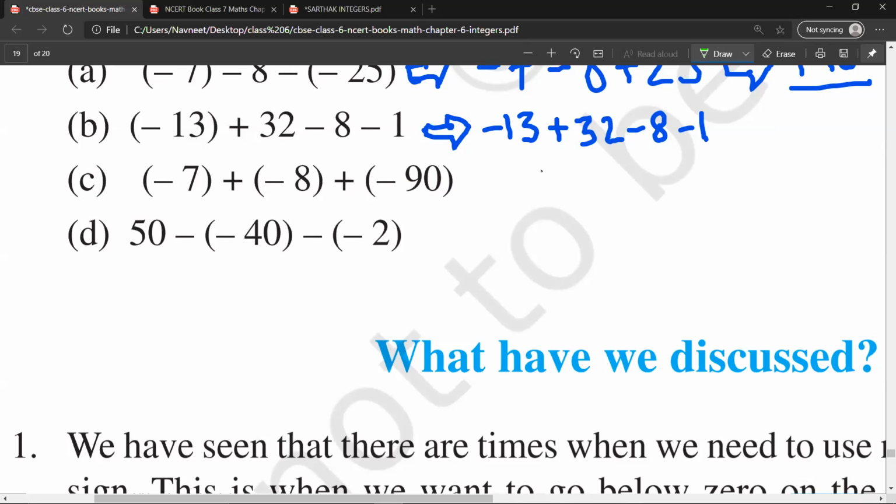Plus 10. Okay. Minus 13 and minus 8 is minus 21. Minus 21 and minus 1 is minus 22. Minus 22 and plus 32 is plus 10. Correct, Mr. Sarthak?